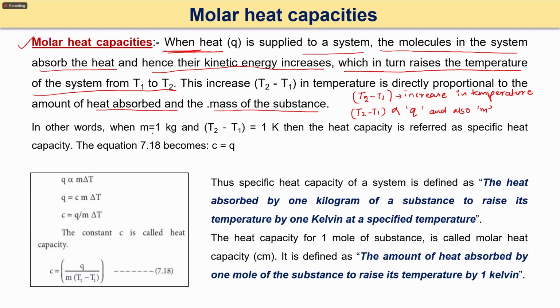In other words, if your mass of the substance is 1 kg and you are supplying heat Q to the system, then this system raises its temperature by 1 Kelvin. Okay, the temperature of the system increases by 1 Kelvin.